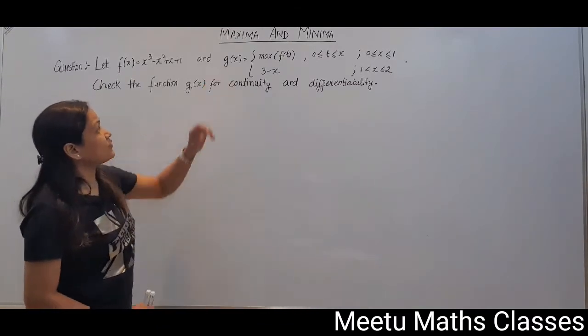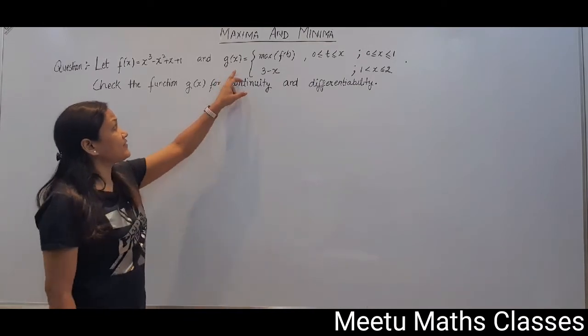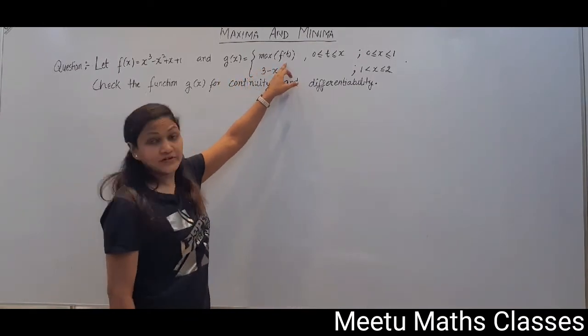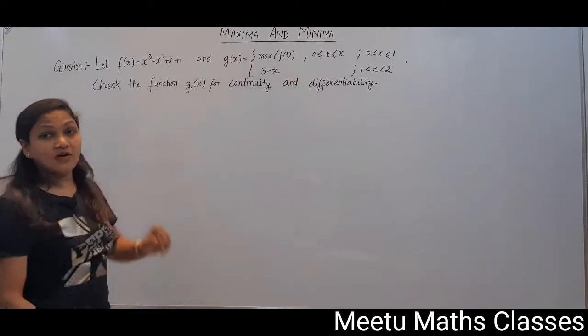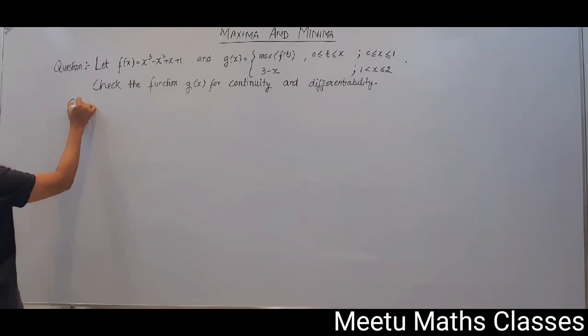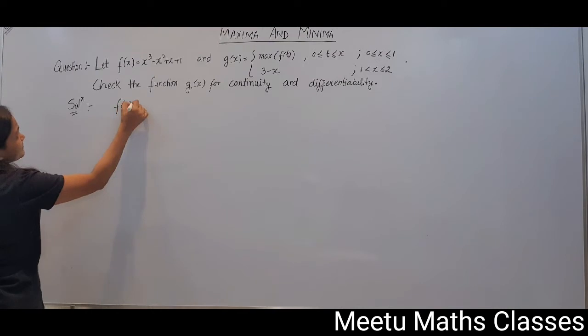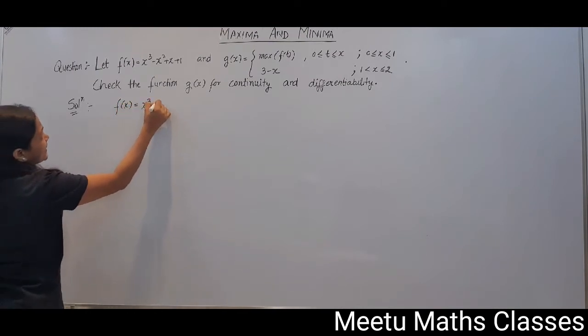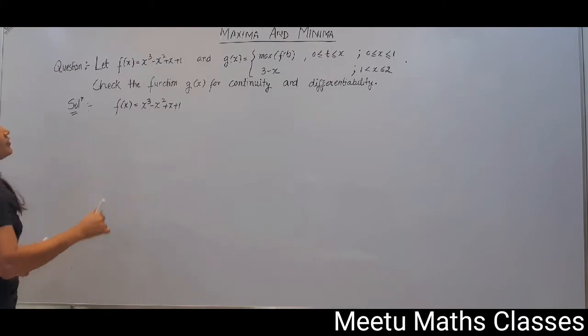First of all, we are going to define this function g(x), which is defined as the maximum of the function f(t). So first let us check the maximum value of function f(x). Your f(x) function is x cube minus x square plus x plus 1.